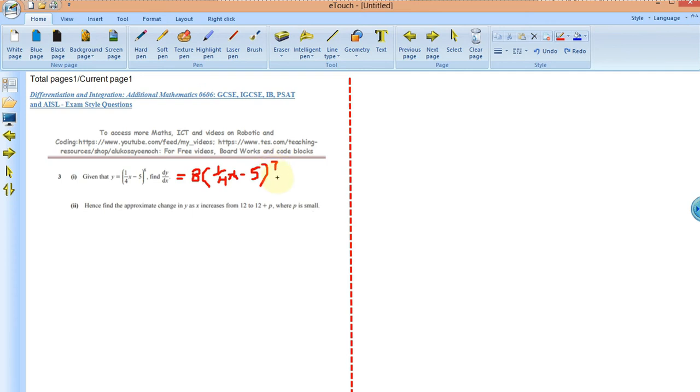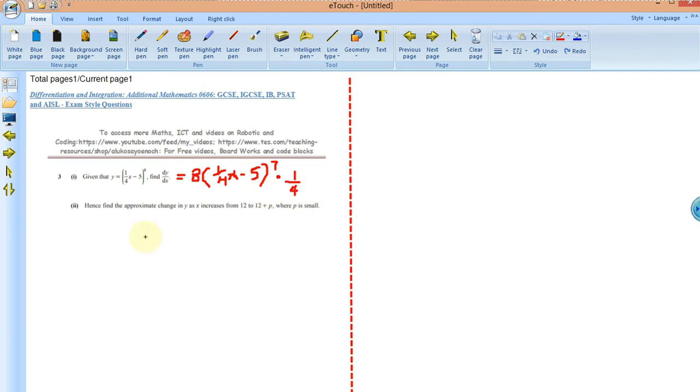Then times the differentiation of the algebraic function, that is the function that is inside. If you differentiate 1 over 4x, that will give you 1 over 4. And if you differentiate the constant, that will be 0. So you end up with what?